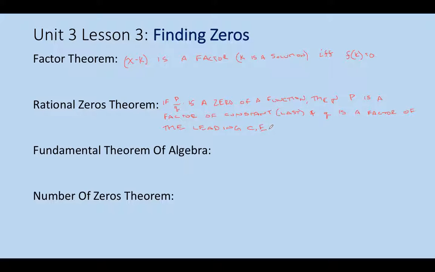In other words, it's the coefficient on the first term. So you're kind of taking a look at the last thing, that's the numerator, and the coefficient of the first thing, that's the denominator. And so all of these kind of combinations of things that we could have are the possibilities for the zeros or the solutions of a polynomial.